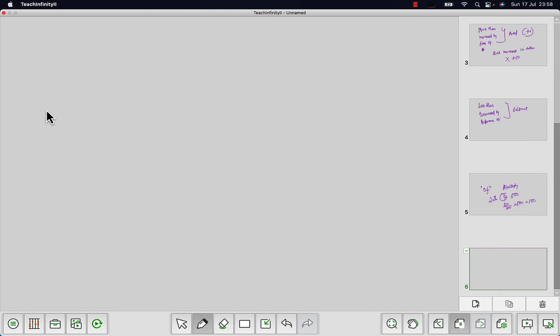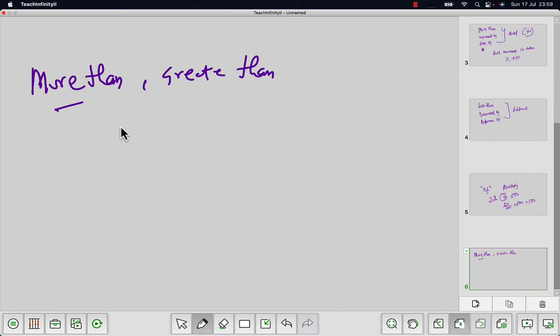Let's look at words like more than. You can see more than, or words like greater than. We already mentioned more than can mean add. More than can also mean something is greater than.